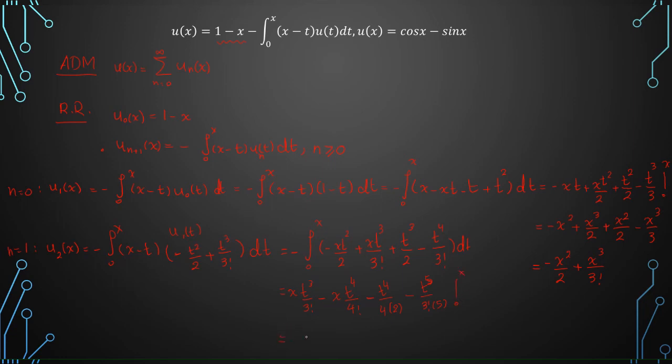Okay, this will give us x raised to 4 over 3 factorial minus x raised to 5 over 4 factorial minus x raised to 4 over 4 multiplied by 2 minus x raised to 5 over 3 factorial multiplied by 5.